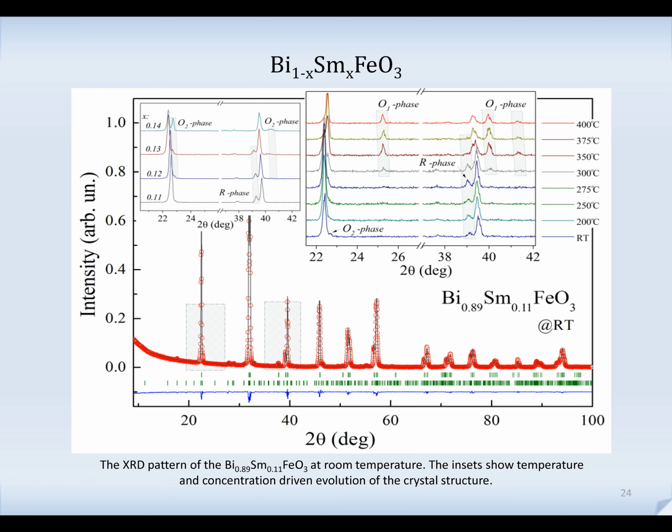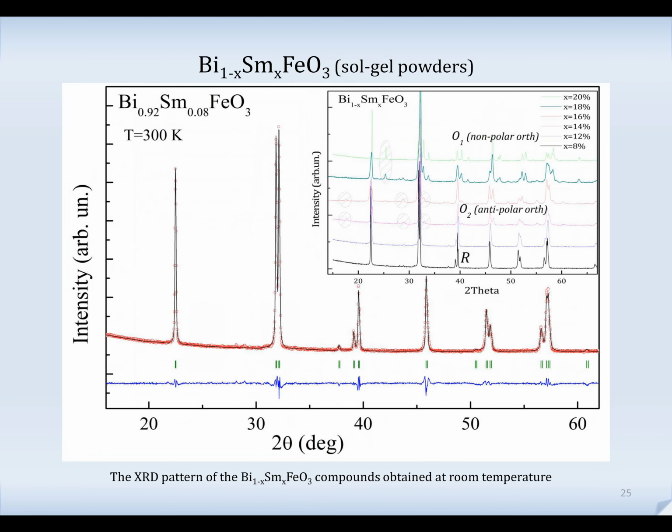But we tried and made similar compounds using a different synthesis technique. For this one, we used solid state reaction, and we also repeated it with the sol-gel method. And for the sol-gel, the situation is a bit different. The same compounds, but we found out that we couldn't observe a concentration range ascribed to a single-phase antipolar orthorhombic structure.